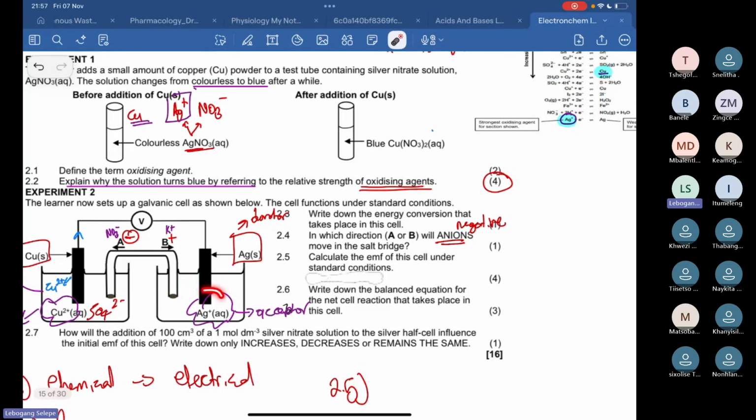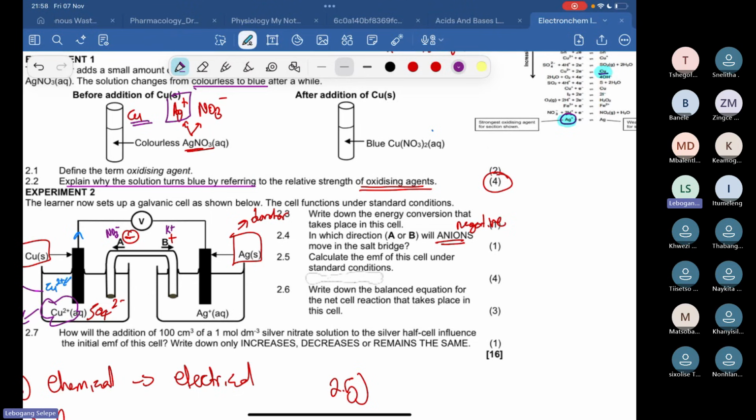Remember, on this side, before the reaction starts, we start with the same number of positives and the same number of negatives. But then as the reaction takes place here, we said that Ag+ is being reduced. It gains an electron.